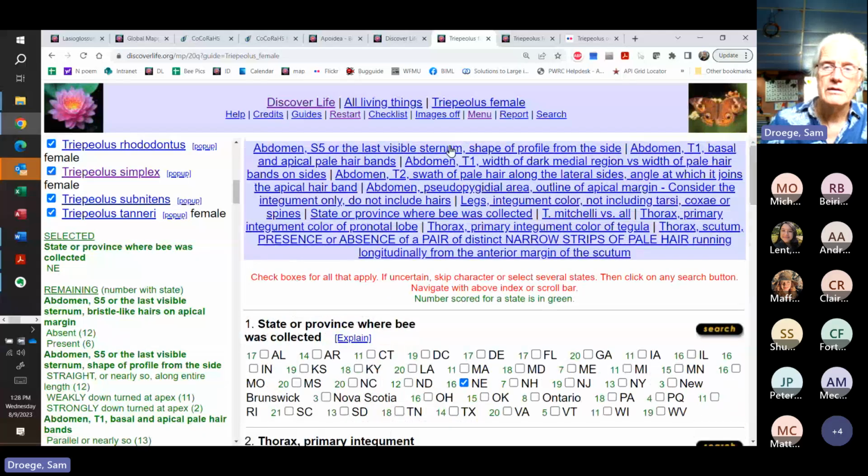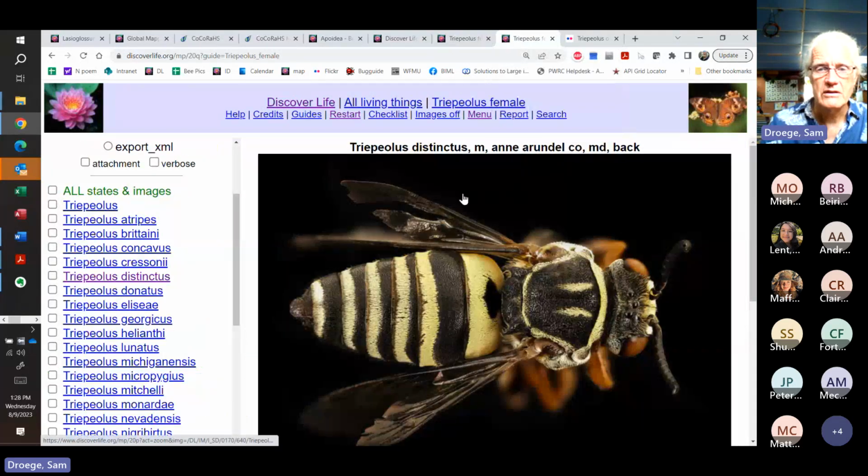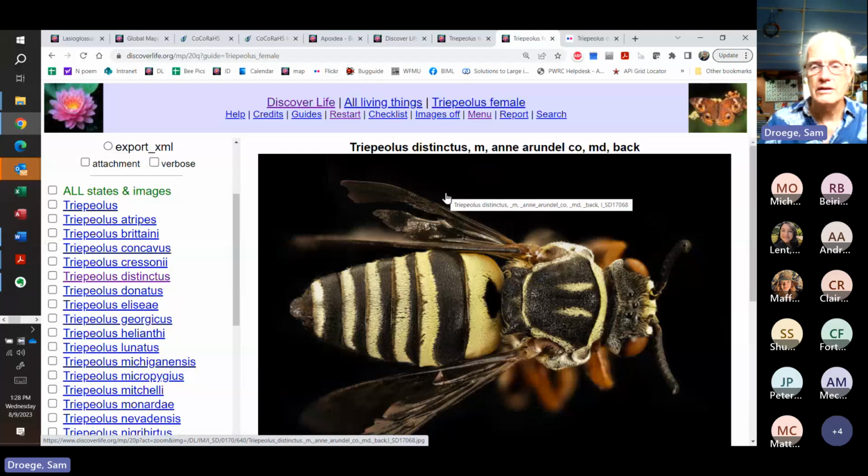So those are the initial ones. So we can now go to sort of the second tier because there's a lot of characters in here to cover, and then we'll cover a few of the more common species.